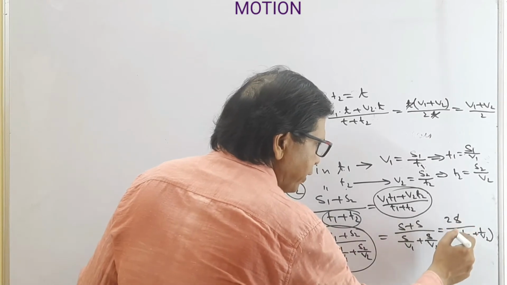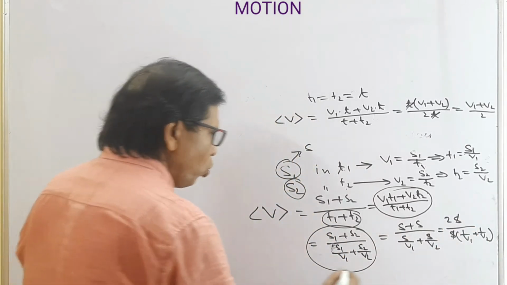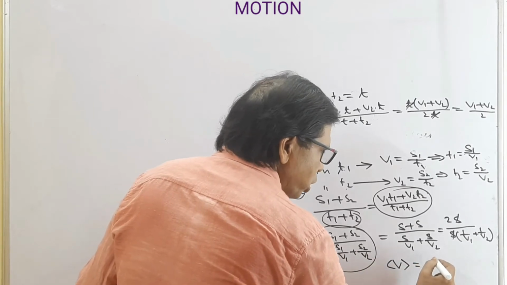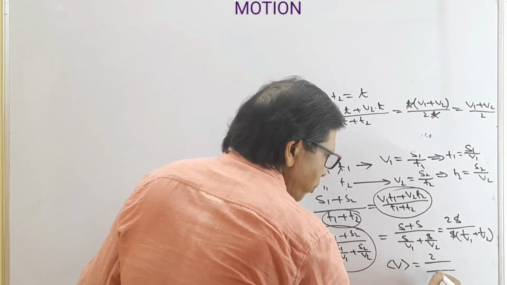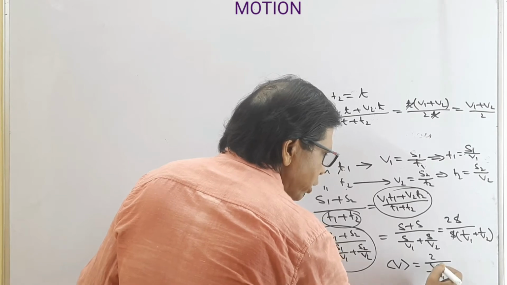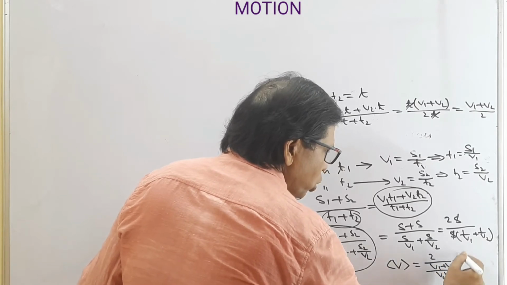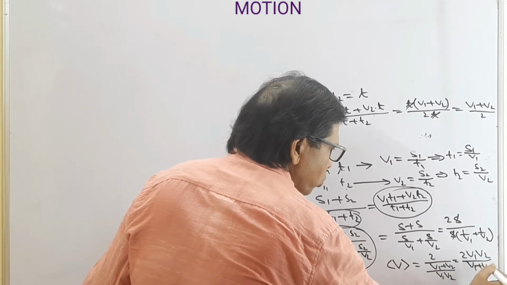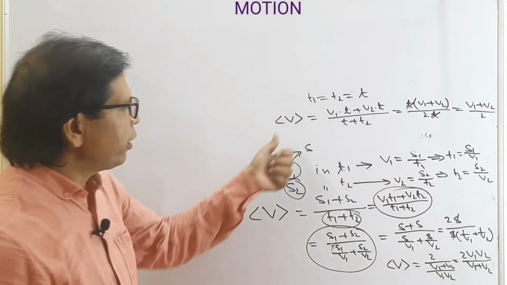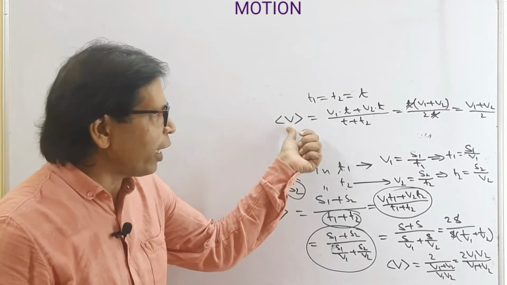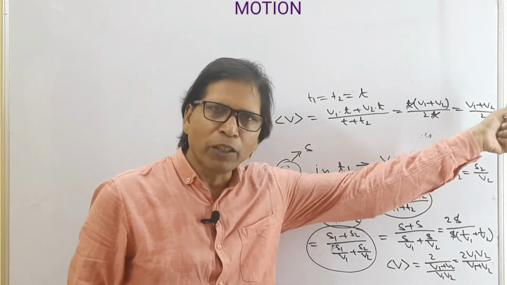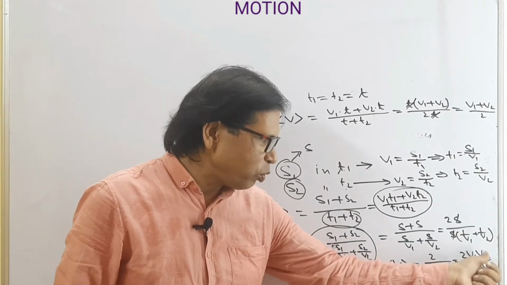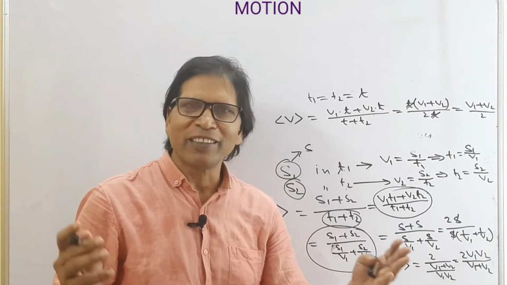Okay. Now s and s cancel out. So the average speed in equal distance is 2, and here the LCM is v1 v2, and this is v1 plus v2. So this is 2 v1 v2 divided by (v1 plus v2). Okay. So the average speed in equal time is (v1 plus v2) by 2, and in equal distance 2 v1 v2 divided by (v1 plus v2).